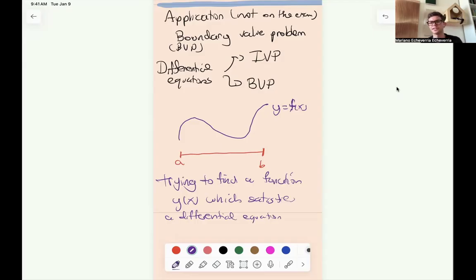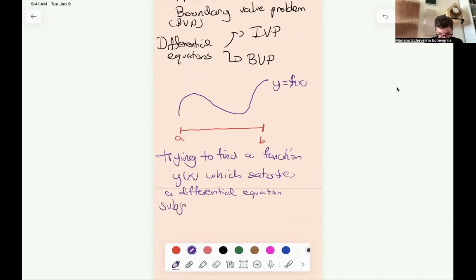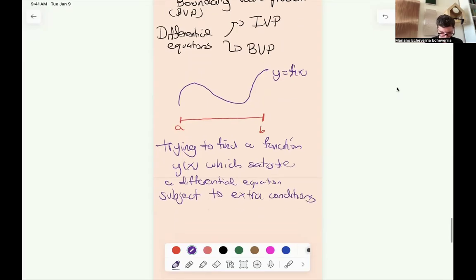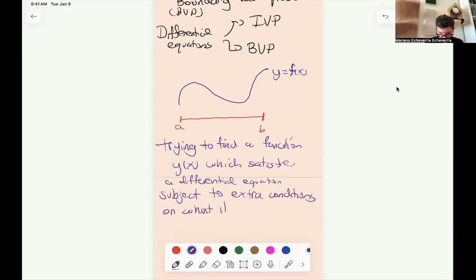But instead of saying what it does at an initial time, you give some information on how the function is behaving at the endpoints of the interval where you're trying to find it, subject to extra conditions on what it's doing at x equals a and x equals b.